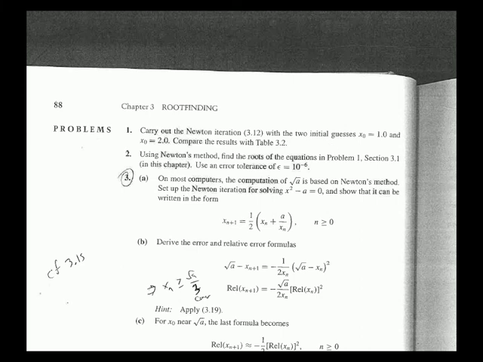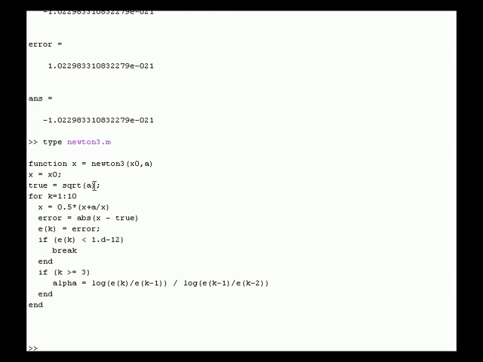Let's try that out. So here's another program that applies Newton's method to solve x squared minus a equals 0. And of course the true root is the square root of a. We're only using that to calculate the error. So we'll pass in a starting value and the a that we want the square root of. And each iteration we just have x equals 1/2 x plus a over x. That's Newton's method simplified a little, just like we showed.